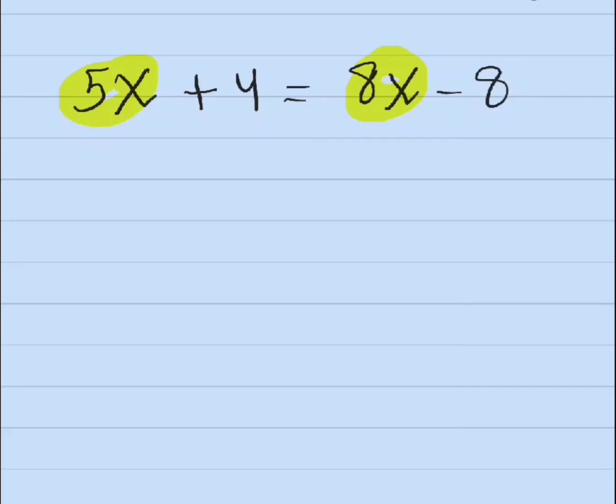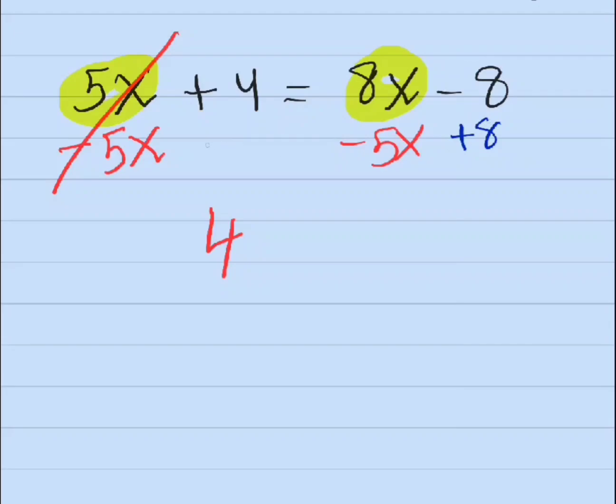So let's move the 5x from the left to the right side. We can accomplish that by subtracting both sides by 5x. Now simultaneously, we can add 8 to both sides. We can move all the constant terms, all the numbers without x, to the left side.